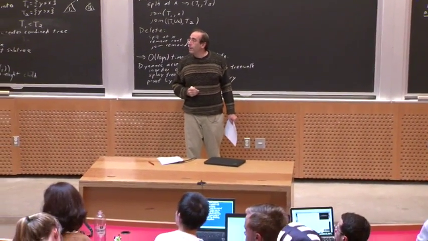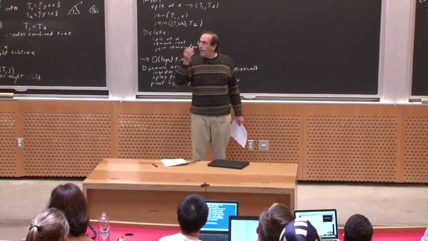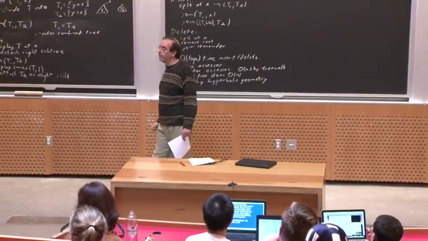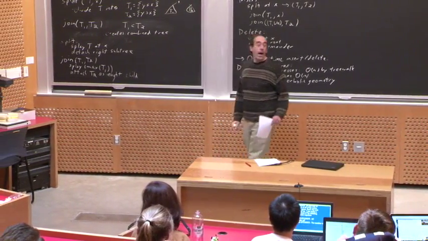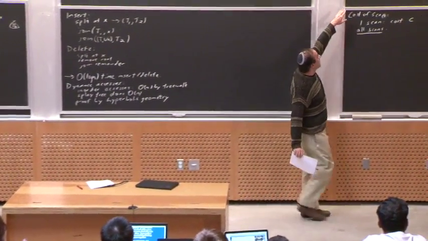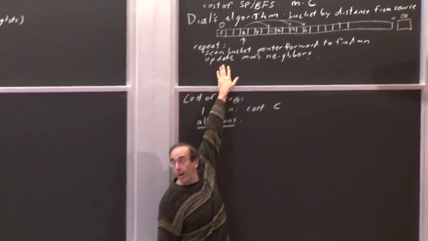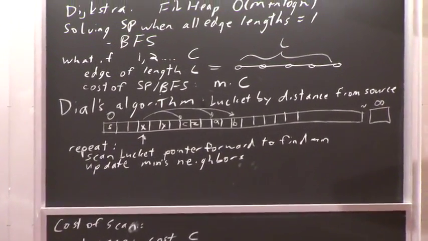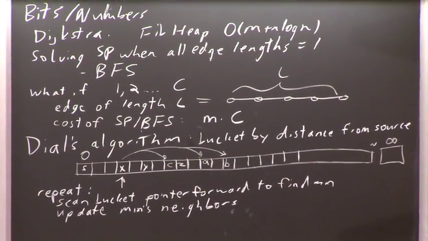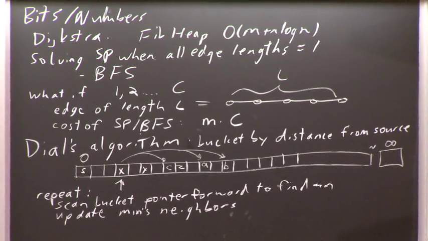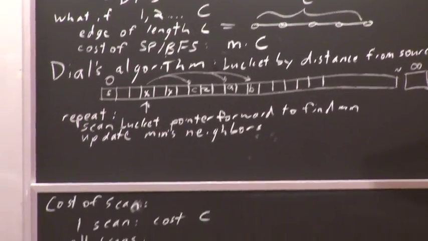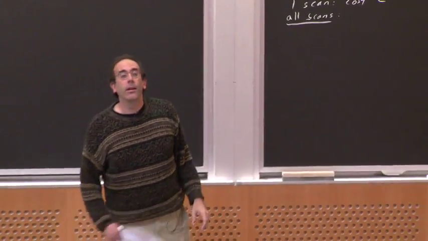Yeah? M. The number of updates is the n. So that's actually going to be relevant when we look at the second half of this algorithm, when we talk about updating neighbors. But right now, I'm just talking about the scans for the delete mins. And I want to bound the total work of the scans for the delete mins. Yeah? What's that?